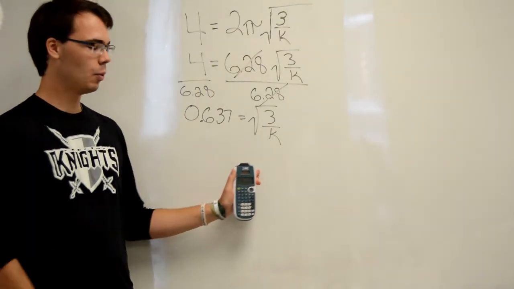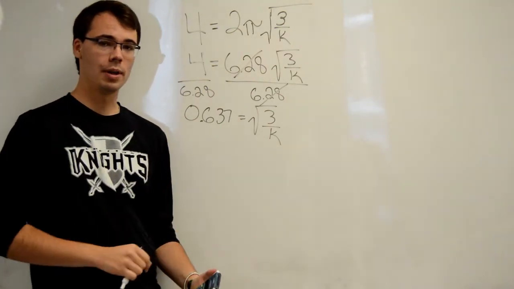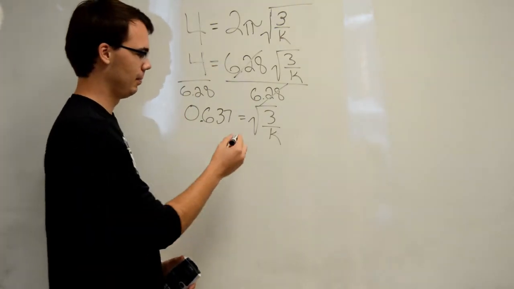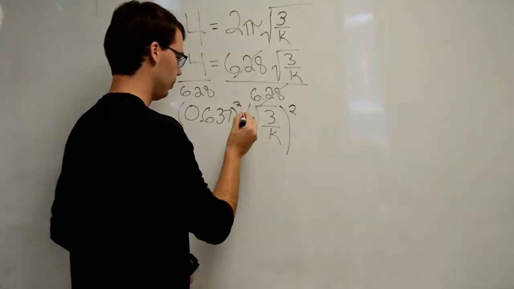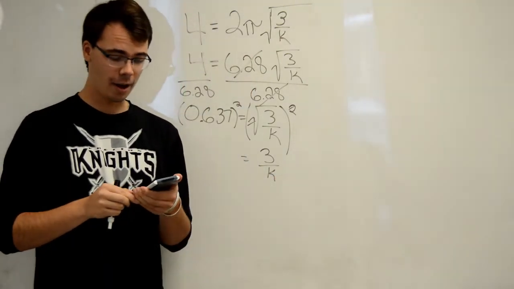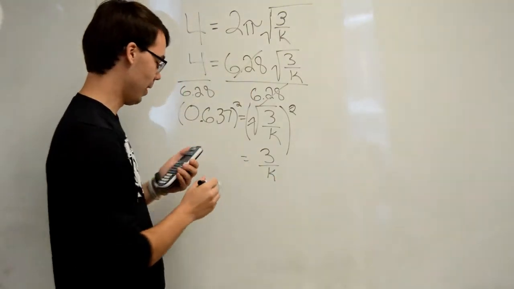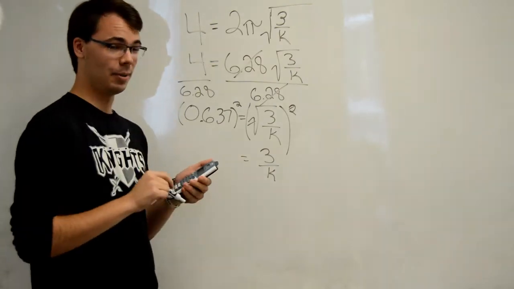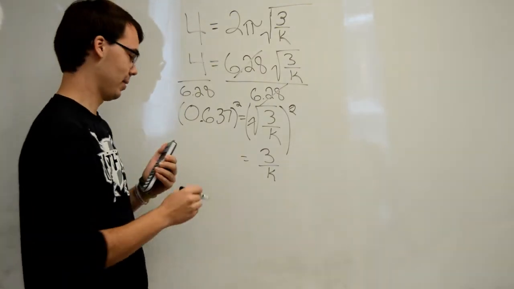Once we're here, we need to get rid of the square root, and we can do that by squaring both sides. Here I got a value of 0.405.6 that we're going to round up to 0.406.